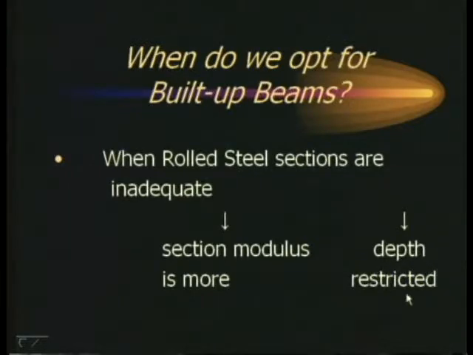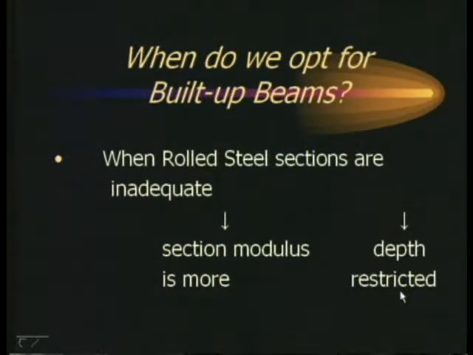This is a very important term I have been stressing since the beginning of the topic. The depth is restricted. I told you the web takes the shear. As the shear force is increased, you have to keep on increasing the depth of the section.